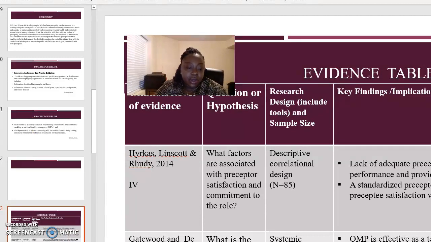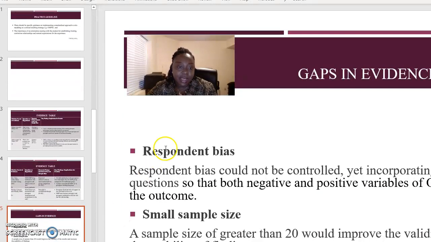And with Gatswade and Grain, the finding for the 1 minute preceptor was that it's an effective teaching model preferred by students, and it increases teaching technique and also giving feedback to students at the same time.